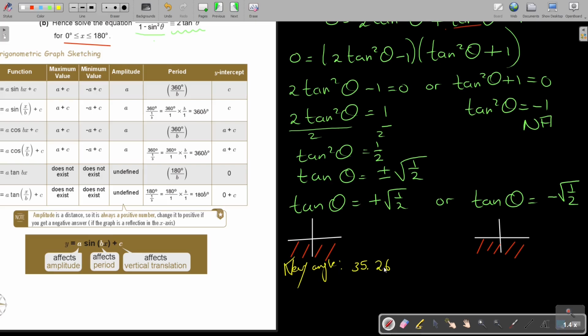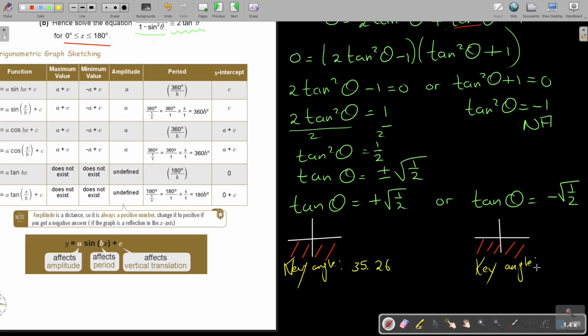Okay, and for this one, I'm just going to do the same now. Say this one's key angle. Then I can go shift, and then tan, and then square root. Oh, negative. So shift, tan, negative outside.